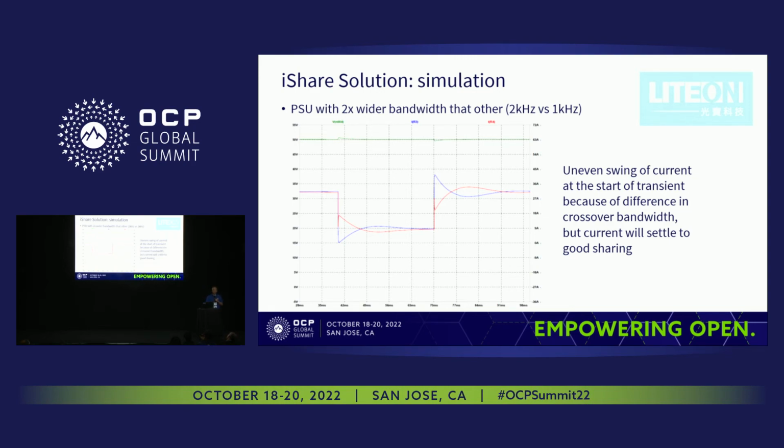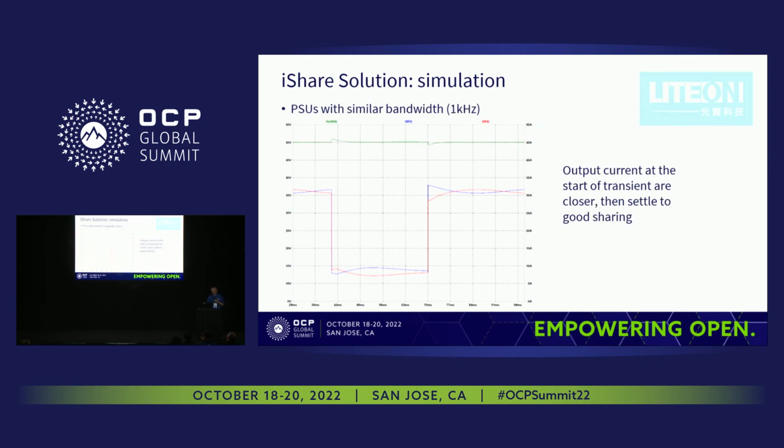As expected, because one is much faster, the initial current swings very differently, but then it settles to be equal. If I use two power supplies with similar bandwidth, say 1K, then the difference at the beginning is much smaller, and they swing back together.